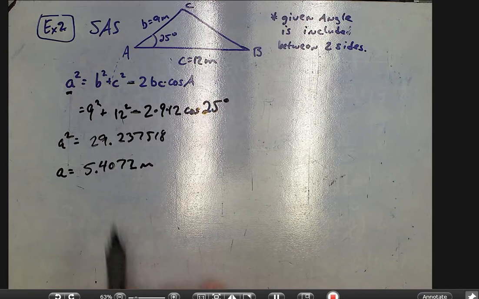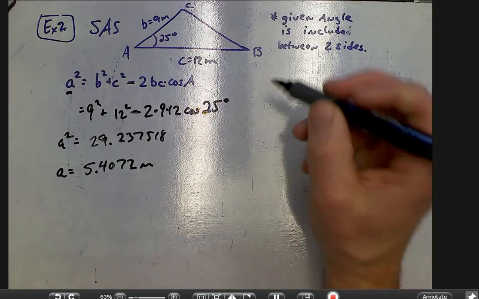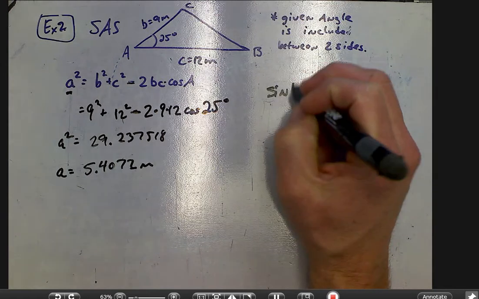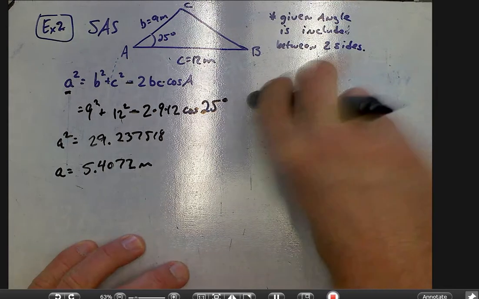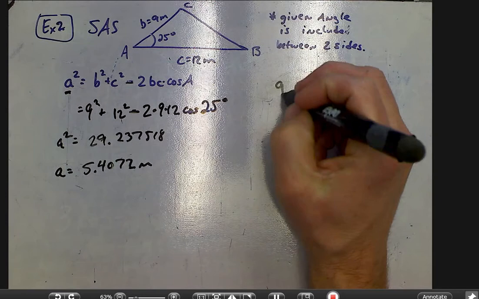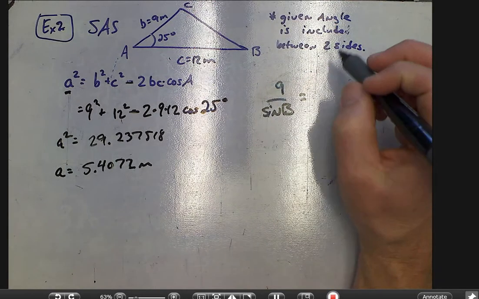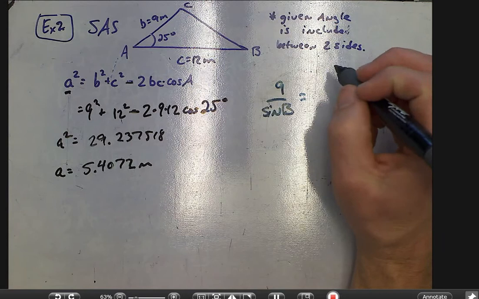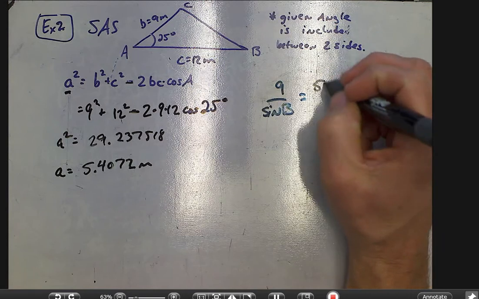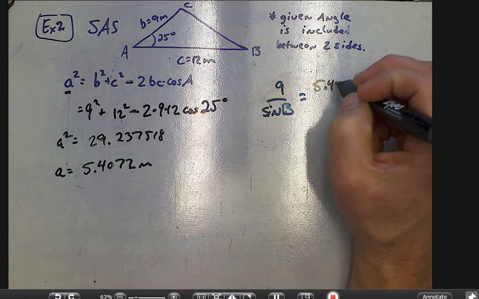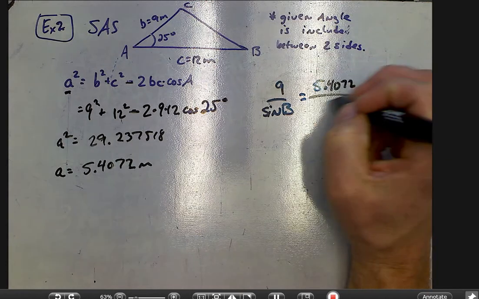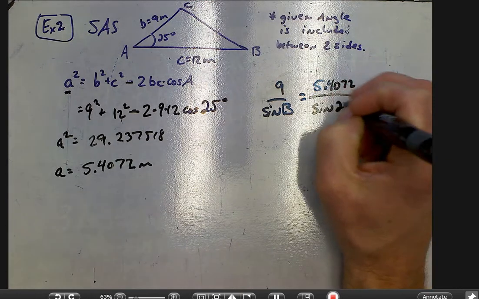Okay, so now I've found side A. I'm going to jump right into the law of sines. Side B, which is 9, over the sine of angle B is equal to side A, which is this 5.4072 divided by the sine of 25 degrees.